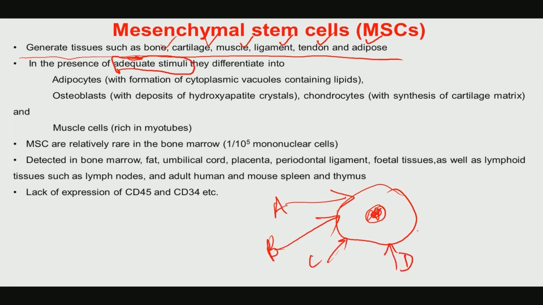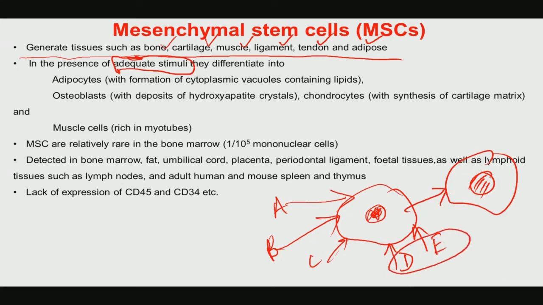But if it wants to differentiate to another cell type, then it needs some additional signaling cues, that is D and E. That is what has been reminded here, that in the presence of adequate stimuli, you need all these different stimuli so that it can differentiate to adipocyte, osteoblast and muscle cells.